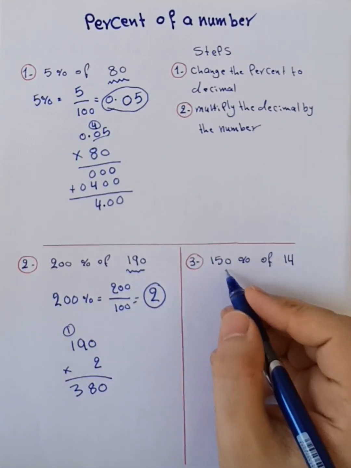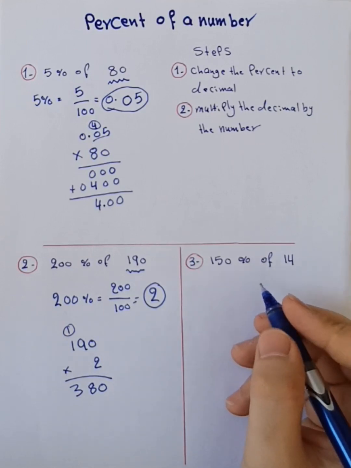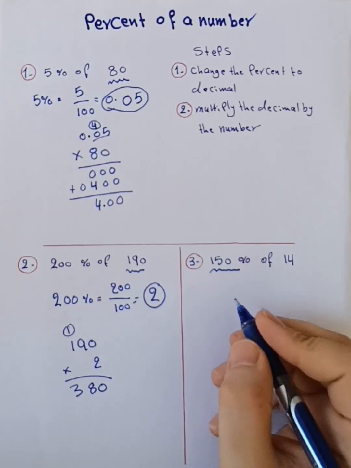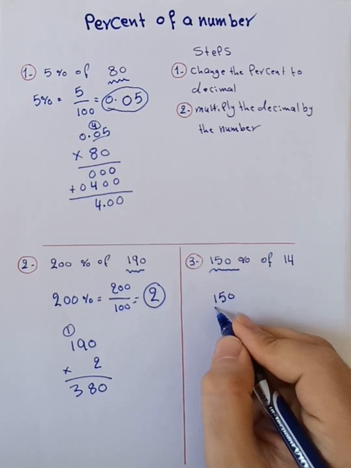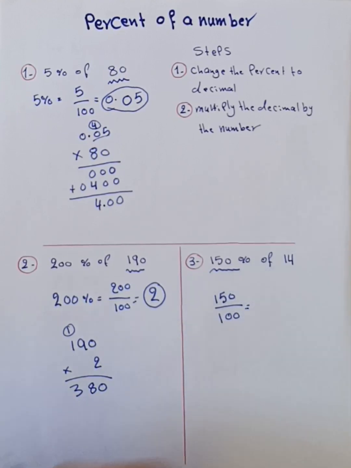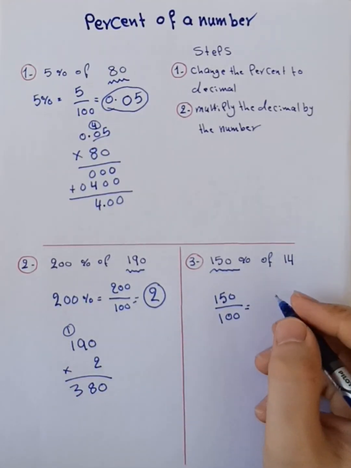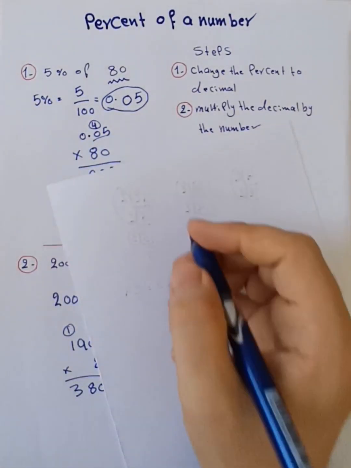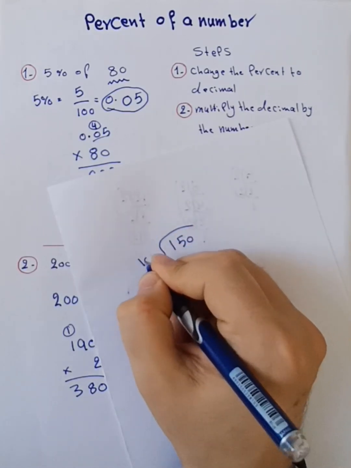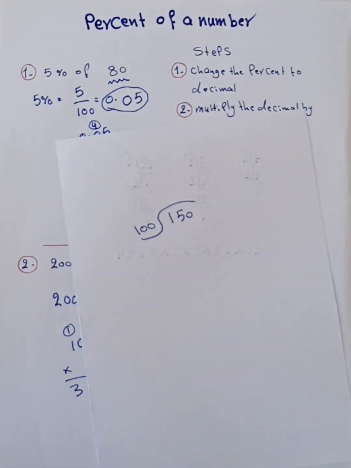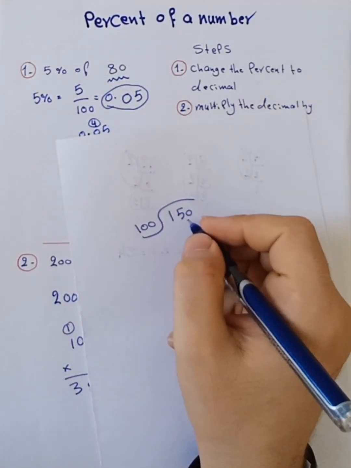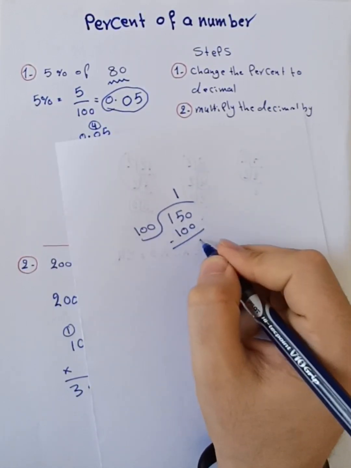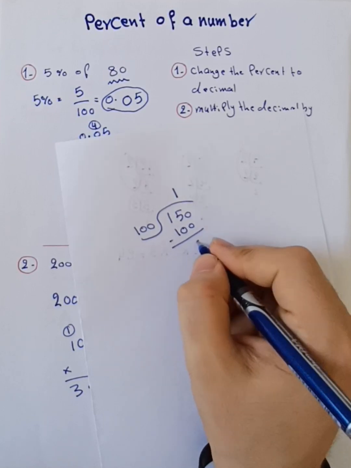Example number 3, we have 150% of 14. First, you have to divide this percent by 100. 150 divided by 100 equals, we can use long division. 150 divided by 100 is 1. 1 times 100 equals 100. 150 minus 100 is 50.